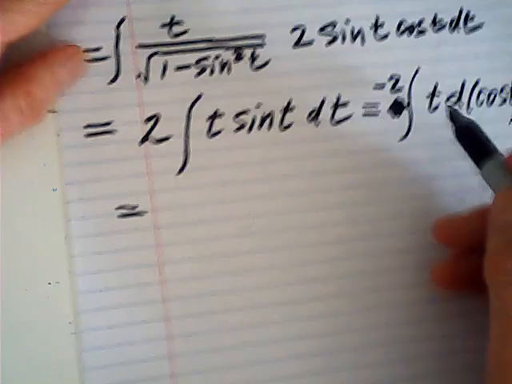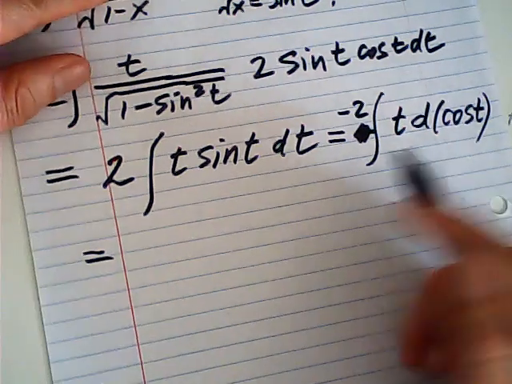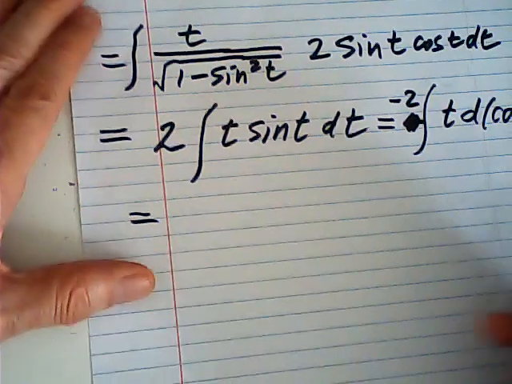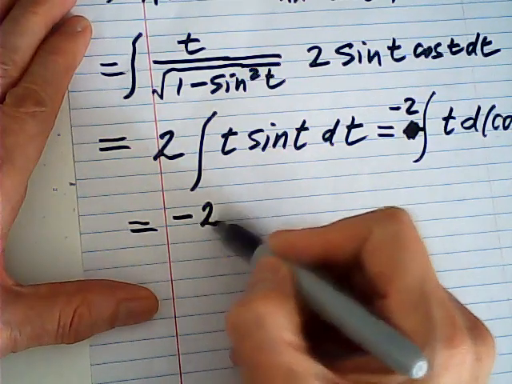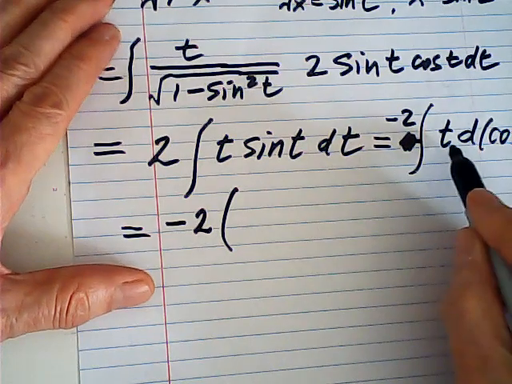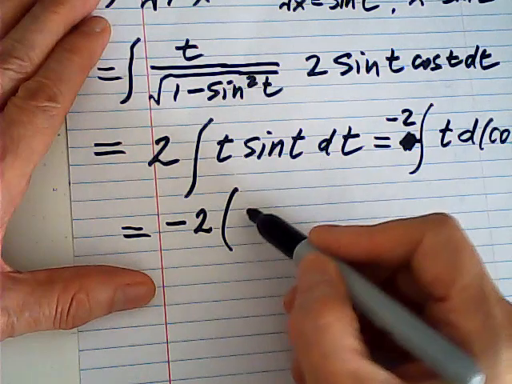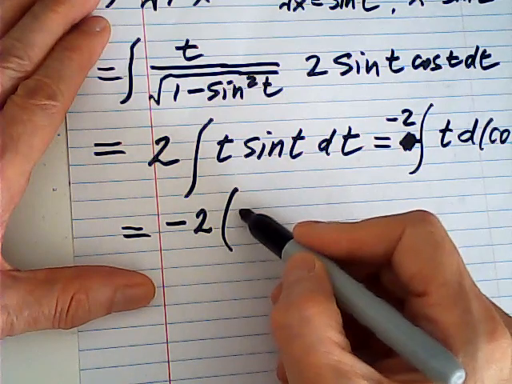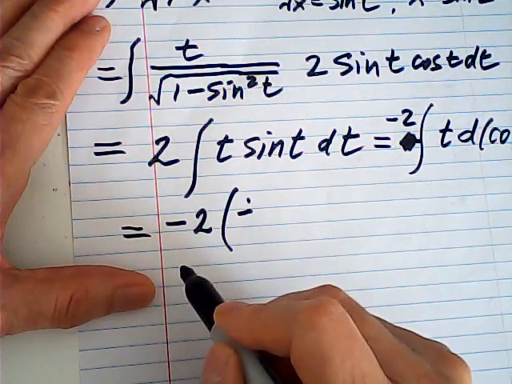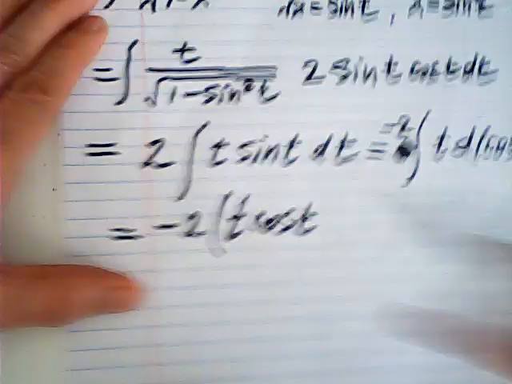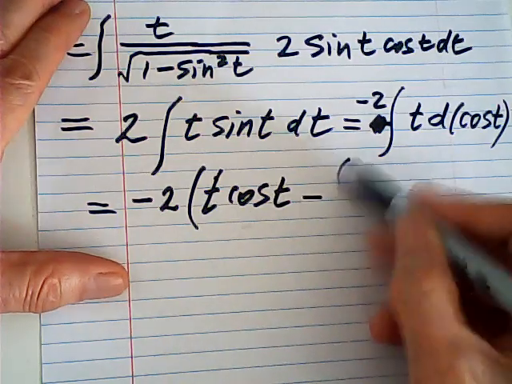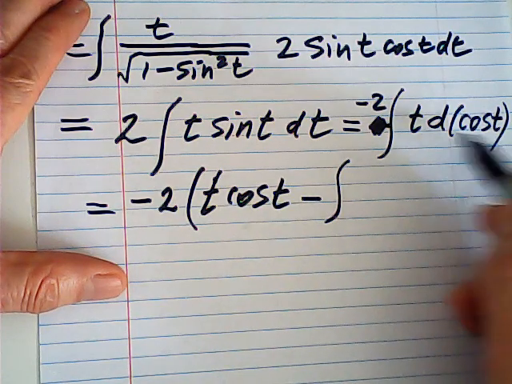Now the reason for doing it this way is that we are simply bringing in the method of integration by parts. So this is a u, this is a dv, okay, uv, right? Yeah, t times cosine t minus integral v du.